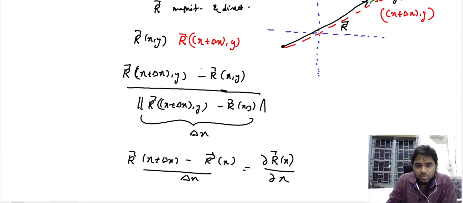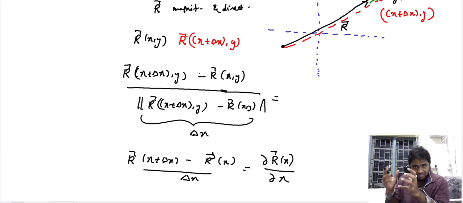And now when you consider this relation here, we have a vector and we are taking the ratio of that vector with respect to its magnitude. So ultimately this should yield us a unit vector. Let me repeat: in this case we have considered the difference between two vectors, which is a vector, and in the denominator we are taking the magnitude of this vector.